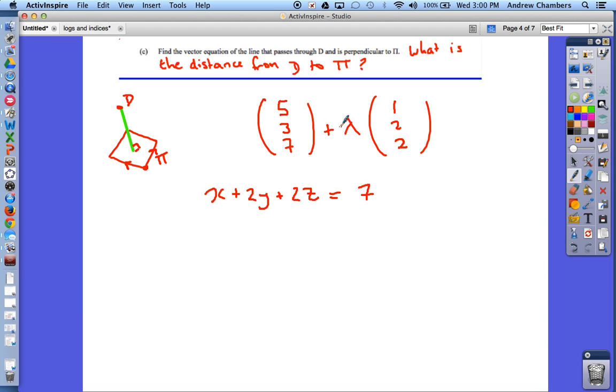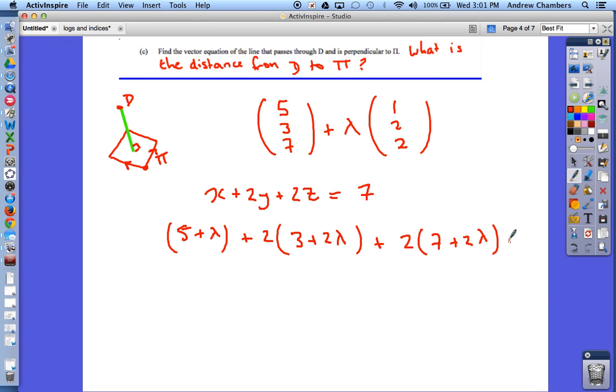So 5 + lambda is my x value, 3 + 2 lambda is my y value, and 7 + 2 lambda is my z value, and that is equal to 7. If I solve that, I end up with lambda equals -2.